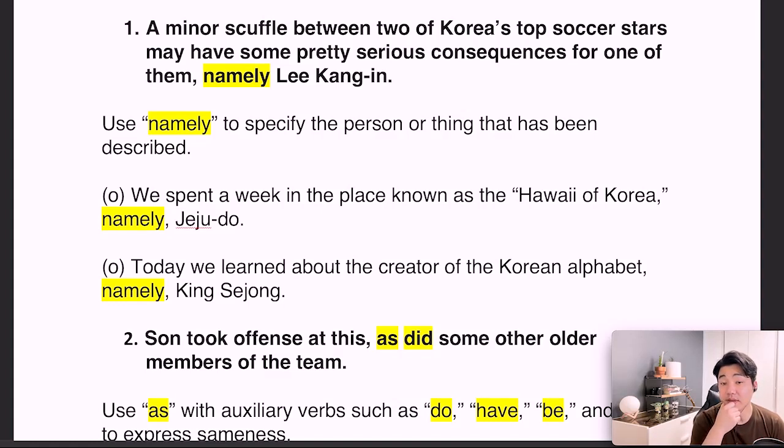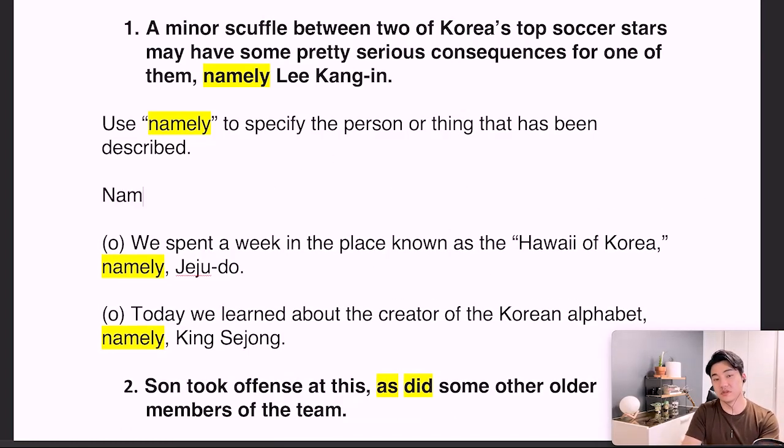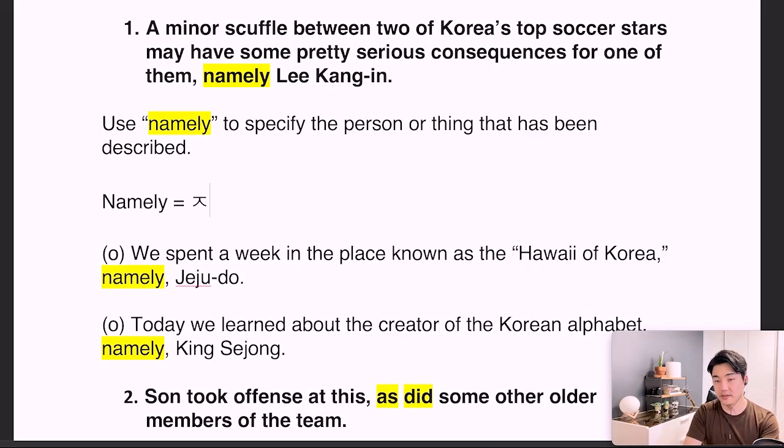Or today we learned about the creator of the Korean alphabet, namely King Sejong. So 오늘 우리는 한글을 창제한 쭉 세종대왕에 대해 배웠다. So yes, namely, just in case I wasn't good with the pronunciation, 쭉 or 다시 말해.